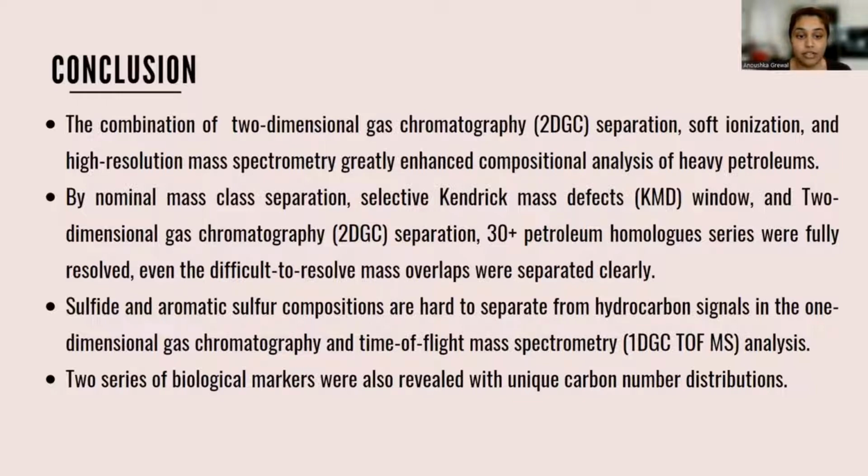Even the difficult-to-resolve mass overlaps were separated clearly. The sulfur and aromatic sulfur compositions are hard to separate from hydrocarbon signals in 1-dimensional gas chromatography time-of-flight mass spectrometry, 1D GC TOF-MS analysis.